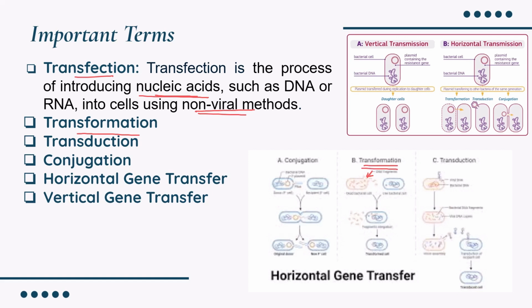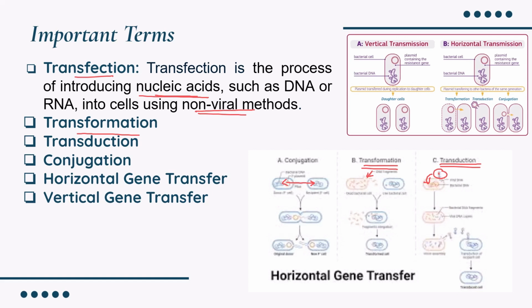Then transduction. In transduction, a virus, maybe a bacteriophage or any such virus, aids in the transfer of genetic material from the virus into the bacteria. This process is called transduction. And in conjugation, the transfer occurs between bacteria, right?